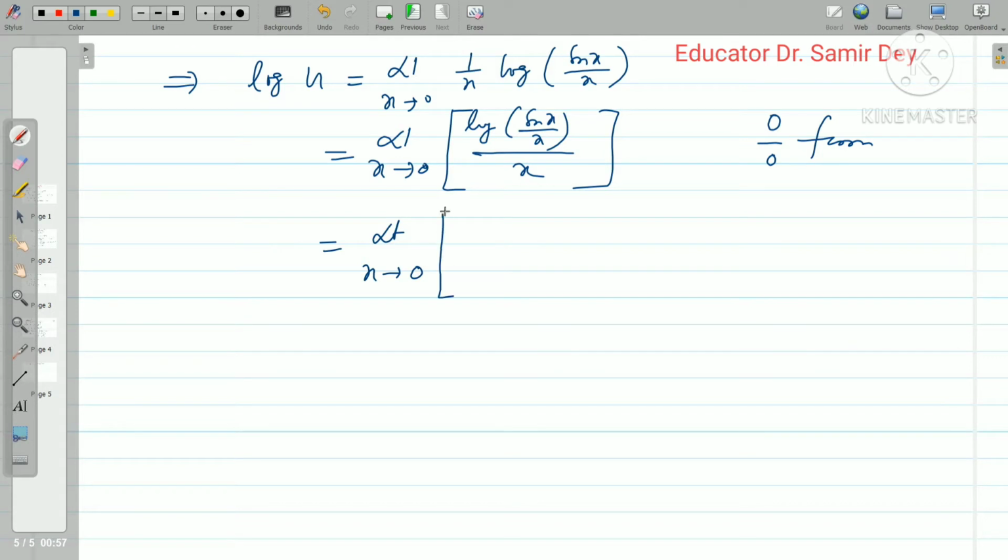Now please check carefully: derivative of the denominator x is 1, and derivative of log of sin x by x is x by sin x times x cos x minus sin x by x square.